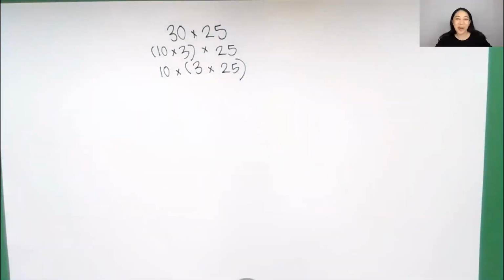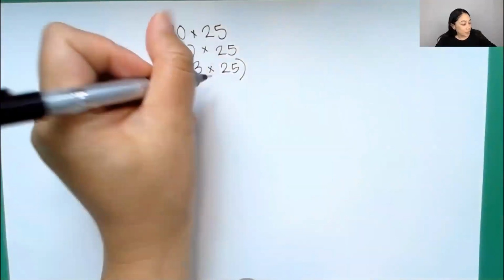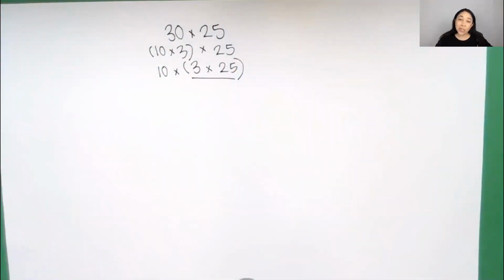It's the associative property. Since 30 times 25 equals 10 times 3 times 25, let's represent 3 times 25 first, since we already know how to draw area models for one-digit by two-digit multiplication.